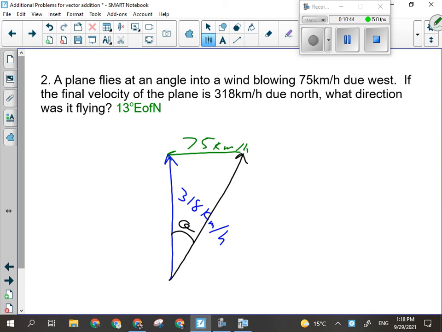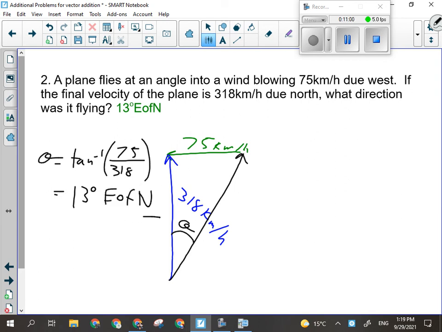All we have to do to calculate that angle is go tan to the minus 1 of the opposite side, 75, over the adjacent side, 318. And when we do that, we get 13 degrees east of north. So that one's not nearly as involved as a vector components question, because it's really just a boat question.